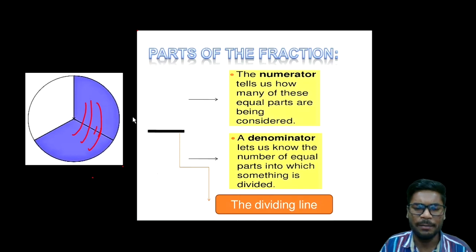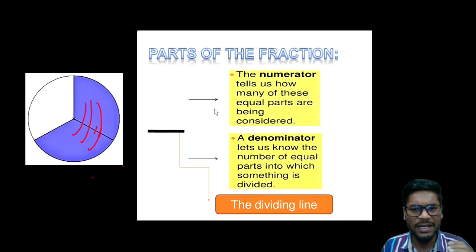Unlike normal numbers, fractions are written in a different way. In a fraction, we have a numerator, the upper number, a lower number called the denominator, and a line between both numbers.